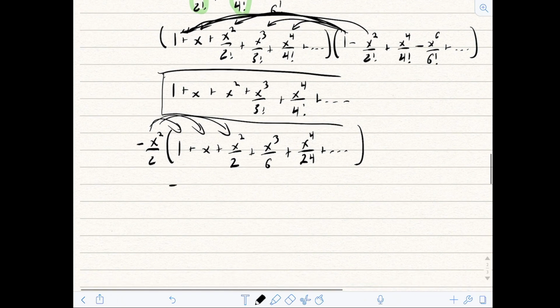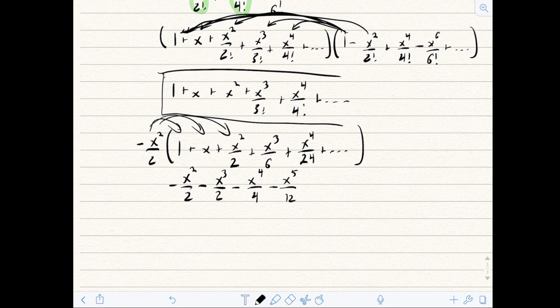So I'm going to get negative x to the second over 2 plus, actually these are all going to be minus, so minus x to the third over 2 minus x to the fourth over 4 minus x to the fifth over 12, and then minus x to the sixth over 48. And that's going to continue going on forever too.